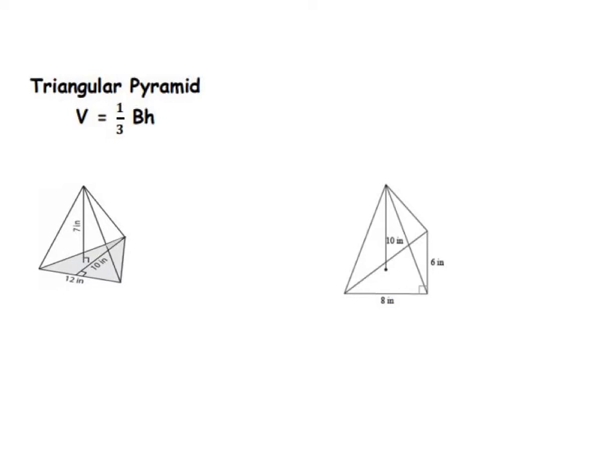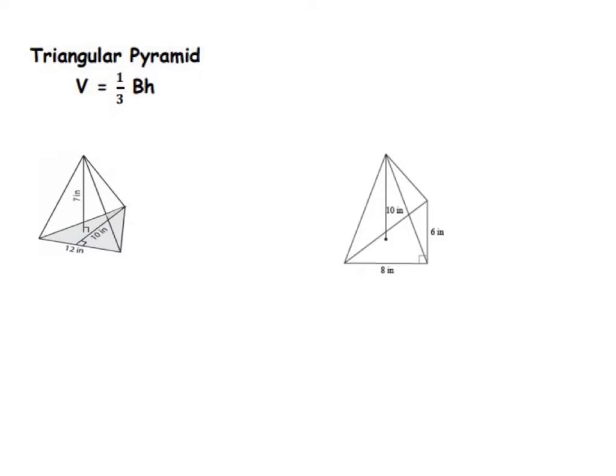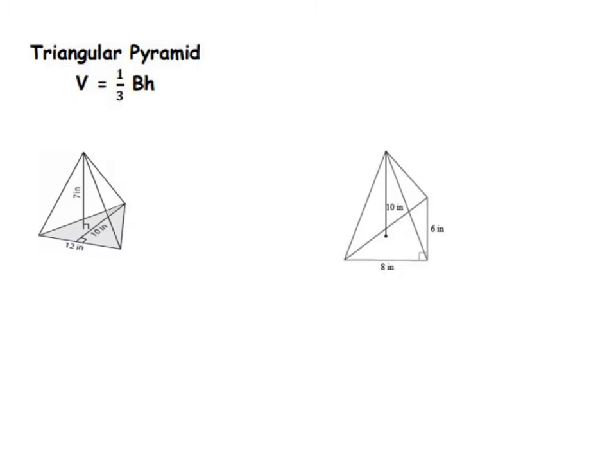Yes? Okay, so now we're doing a triangular pyramid. Triangular pyramids have the same formula, but the area of the base, or the capital B, is what changes. Because now we need the area of a triangle. Before it was the area of a rectangle. Now it's the area of a triangle.